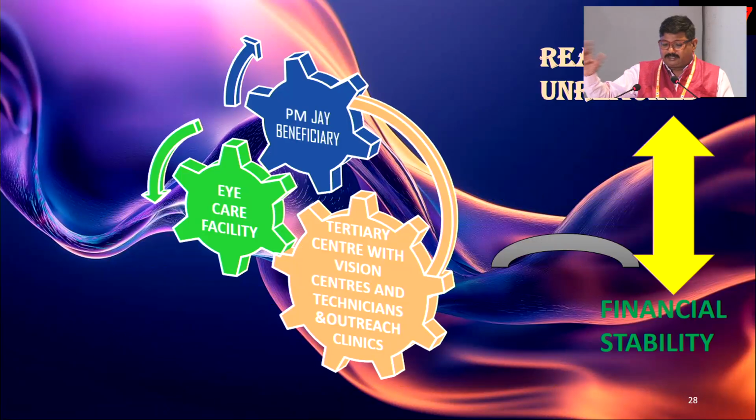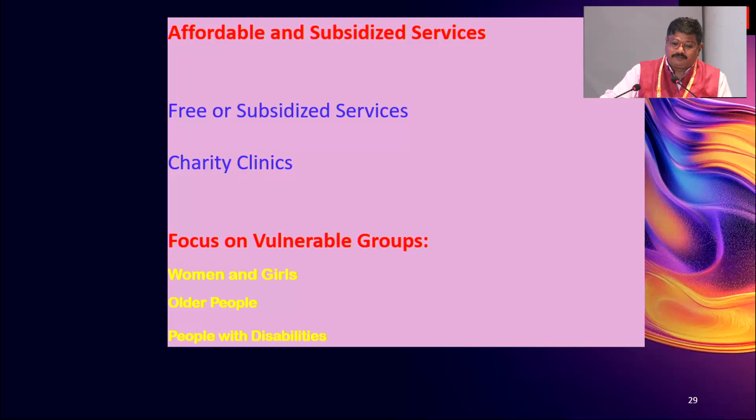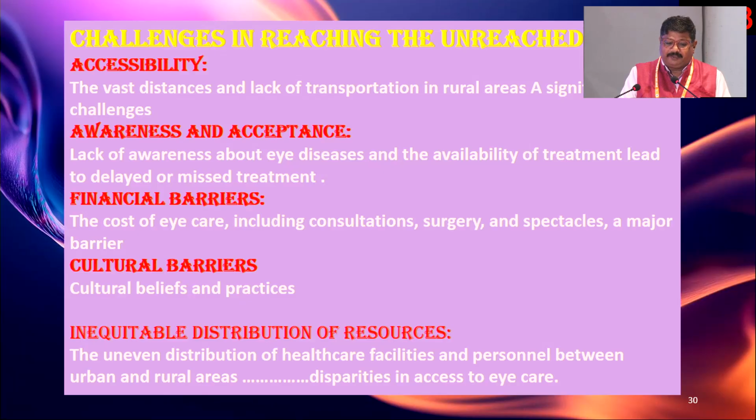PMJAY beneficiaries take treatment from eye care facilities, district hospitals, private setups, and even tertiary care. So they are all covered, and affordable and subsidized services, free or in charity clinics, are covered by the PMJAY services. Challenges are there.